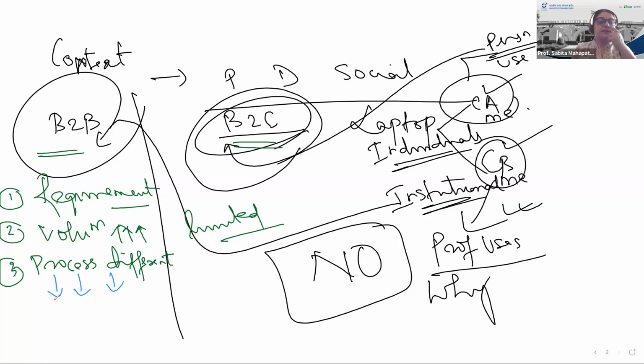Absolutely. So the process difference is, one is the DMU, the decision making unit. When you are buying as an institution for an organization, then you have a DMU. The DMU consists of many individuals from different departments, and they constitute a purchase team.